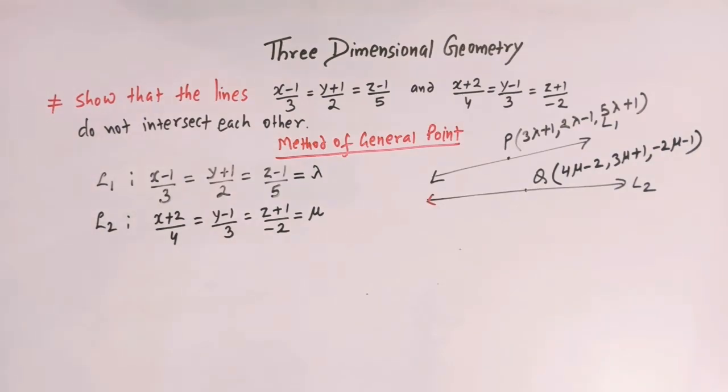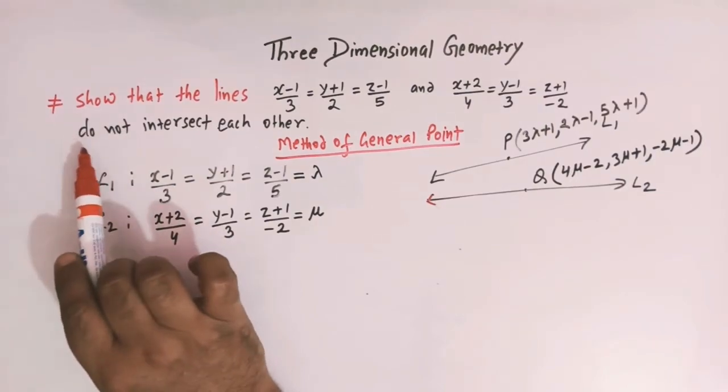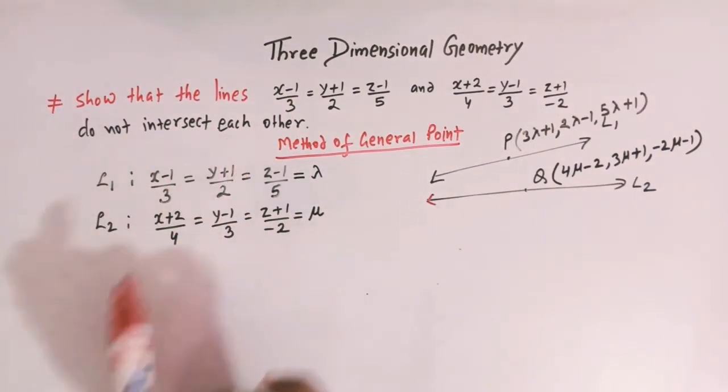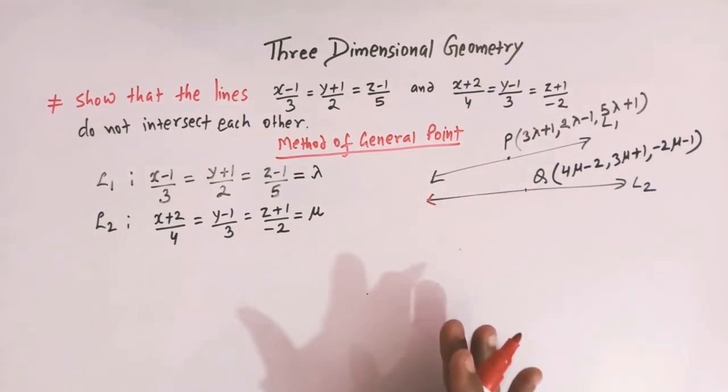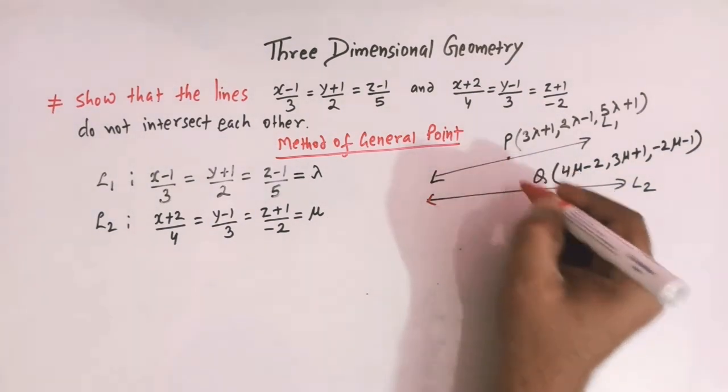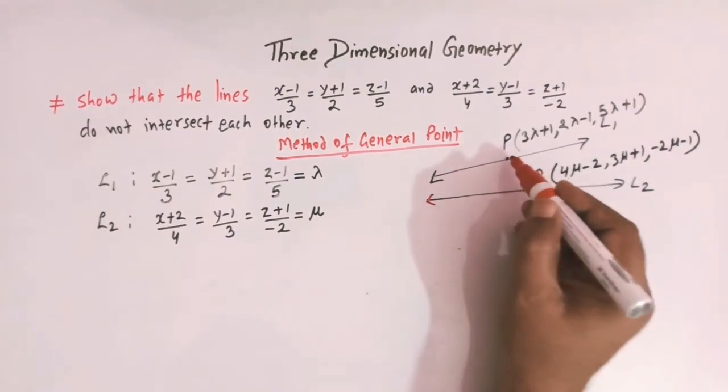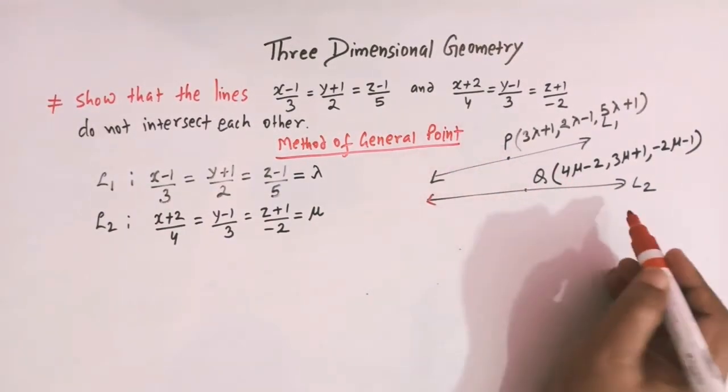So it means that in order to prove that the two lines do not intersect, first we will assume that they do intersect. When they intersect, P and Q represent the same point.